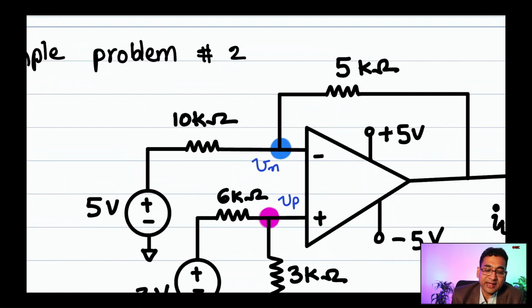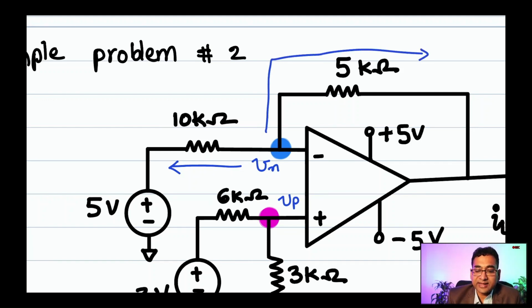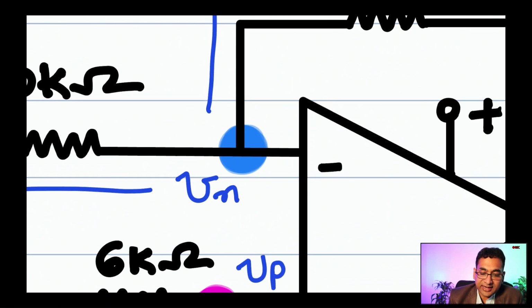So meaning we have to look at the current going in this branch, which is east to west. Then there is a current going in this branch, and then of course there is a current going in this branch.